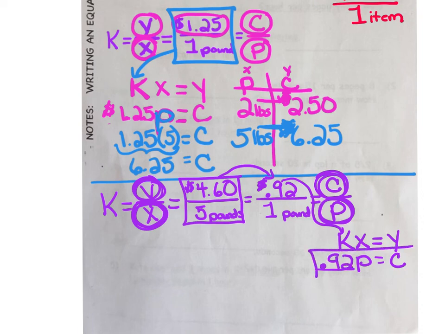So the formula is 92 cents times every pound equals C, the total cost. And that's how you write an equation when you're not given a unit rate, but you have to calculate the unit rate, or the K value.